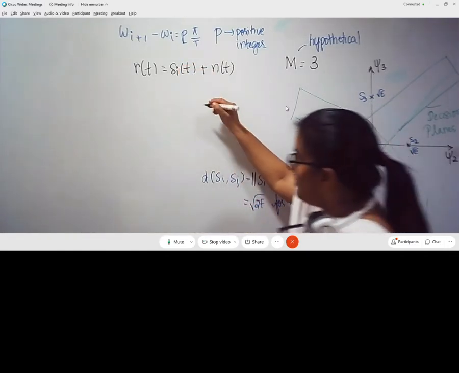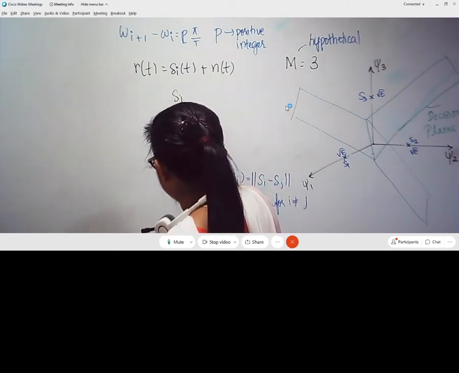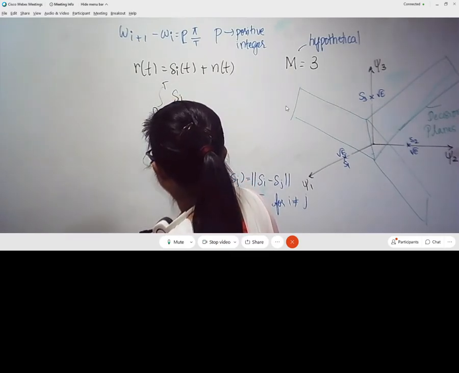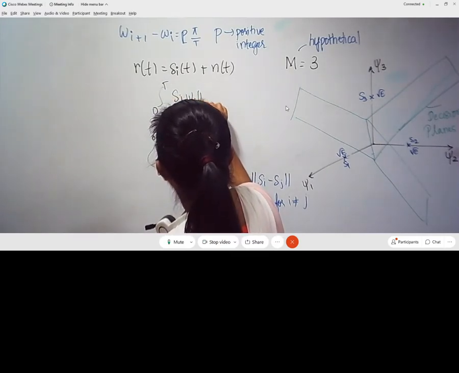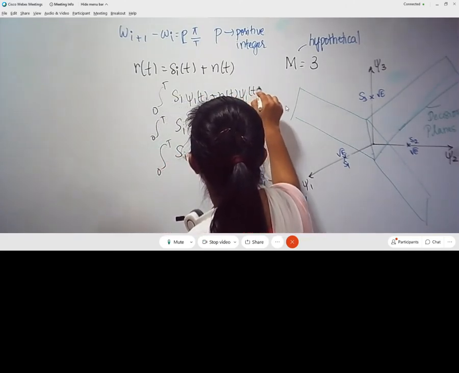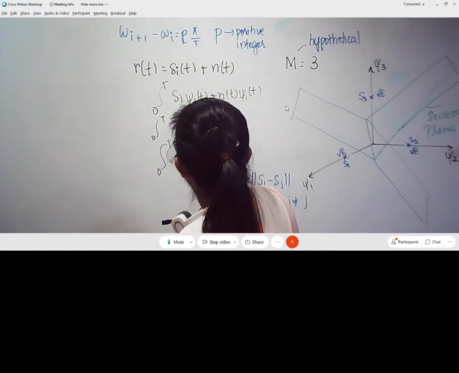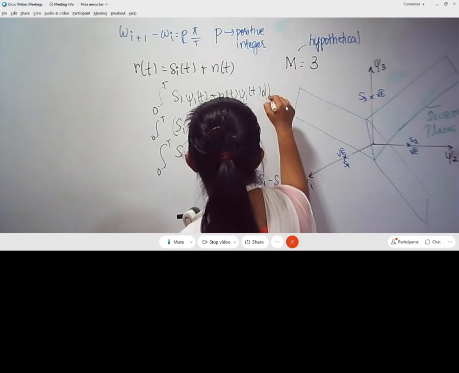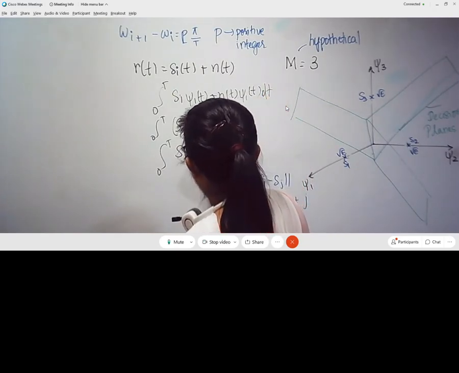So Si will be correlated against the different basis functions, xi1(t). Of course, n(t) will also be multiplied with xi1(t), and Si plus n compared with xi2(t), and Si plus n into xi3(t).